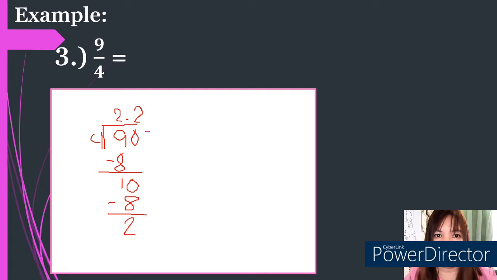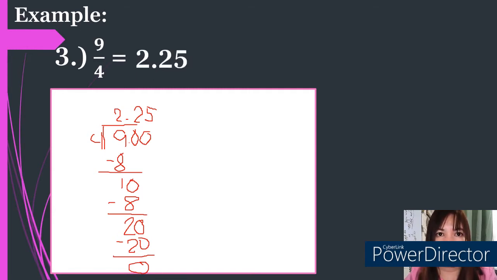Then again, bring down 0, then 20 divided by 4 is 5. 5 times 4 is equal to 20. So, subtracting it equals 0. So therefore, 9 over 4, if we change to decimal, becomes 2.25 or 2 and 25 hundredths.